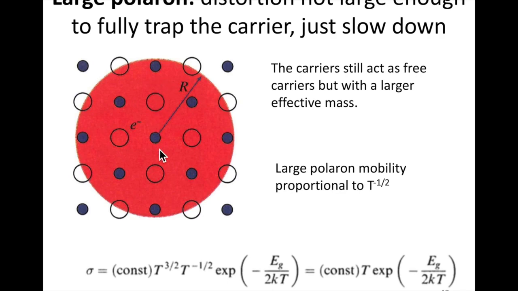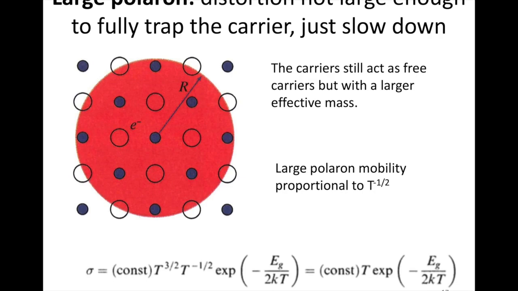So it's not localized to one cation. But the actual distortion, the interaction, is smaller. It's not as strong as the small polaron. So the name can be kind of deceiving.